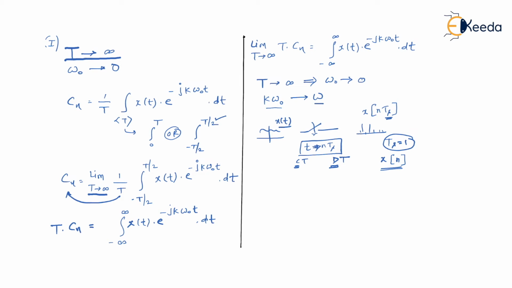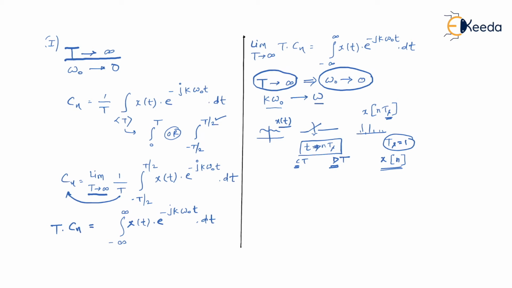Is that right? Now you are going from discrete to continuous. Why are you going from discrete to continuous domain? Just because our T is approaching infinity, our omega naught is tending to 0. So we know that the spacing between two consecutive samples is reduced to such an extent that it is not a discrete structure anymore, it has become continuous.